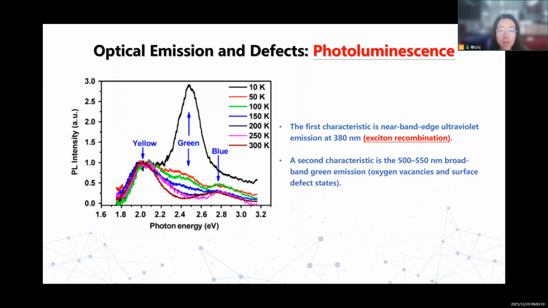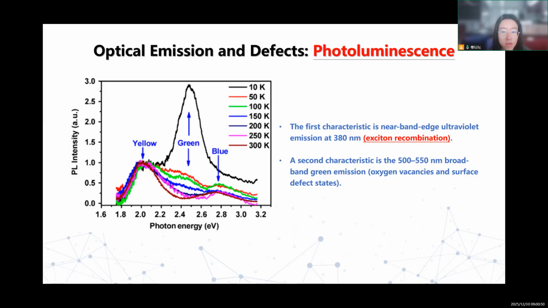And then is optical emission and defects, photoluminescence. For the photoluminescence, we always say PL results. It reflects the recombination process and defect states. We can see the pictures. The zinc oxide has 2 main emission characteristics. The first characteristic is near-band-edge ultraviolet emission at 380 nanometers, like exciton recombination.